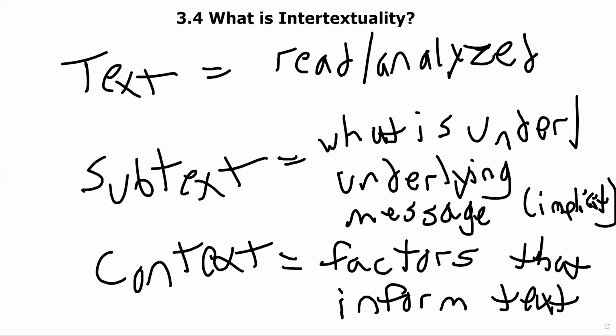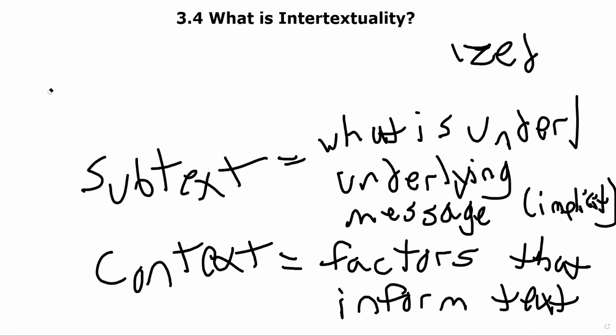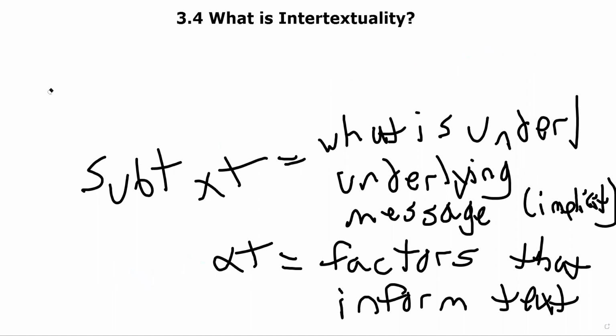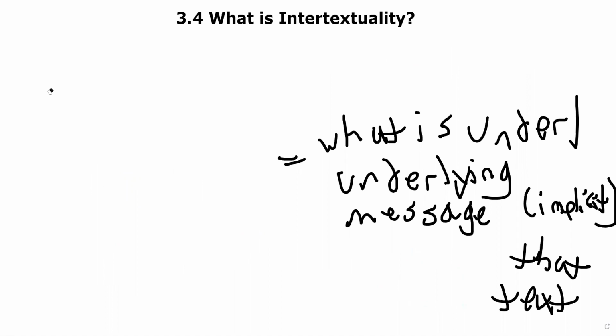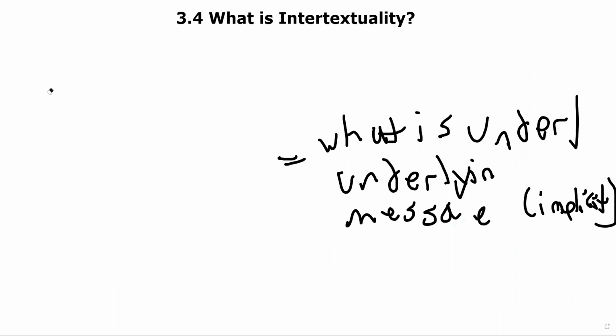Let's discuss intertextuality and how that relates to literary analysis. So we've established that context refers to the factors and other influences that inform the creation of the text. But it's obvious that texts can be factors that influence other texts. And as most everything is a text, it's inevitable that texts will influence one another.